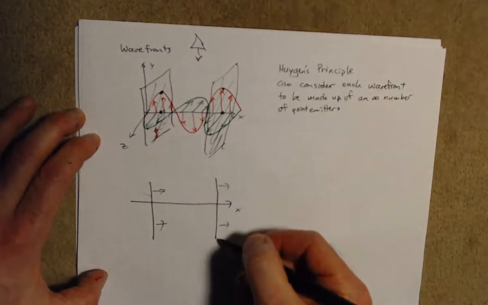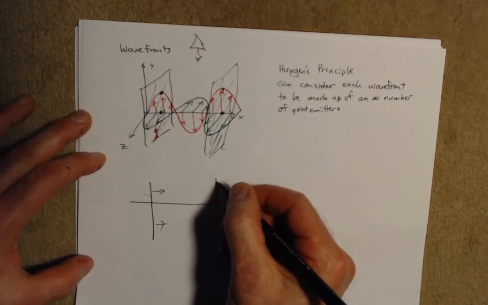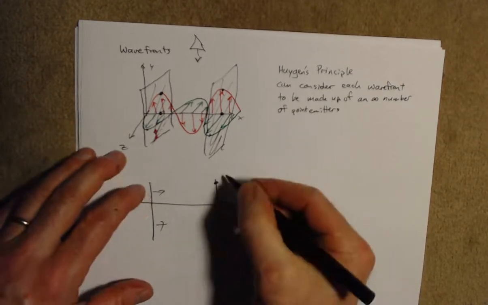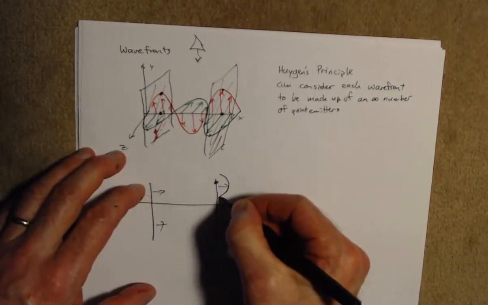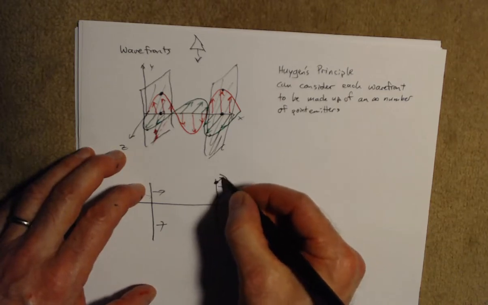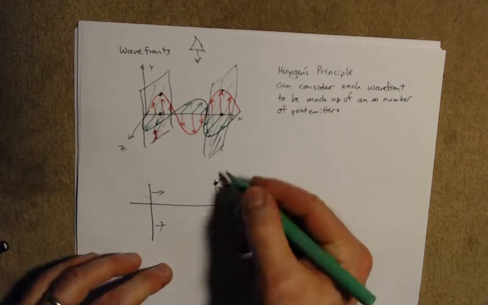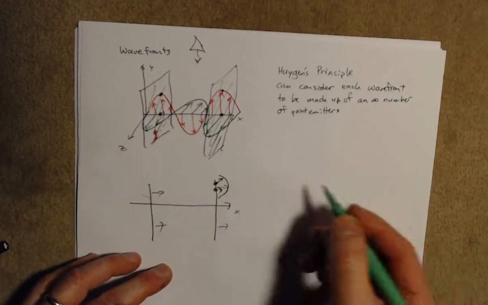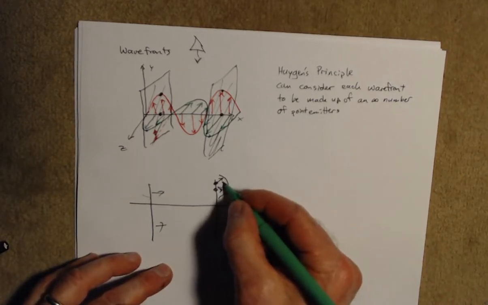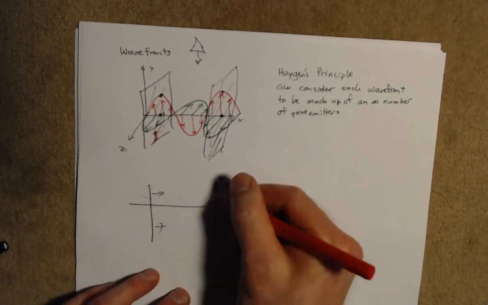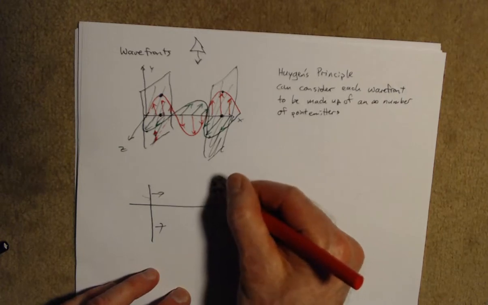So let's say on this wavefront there would be an infinite number of little points, each of which is emitting light in like a sphere coming out of it. So this one is emitting light that comes out in a sphere, and then just for graphical clarity I'm going to use green for this one. It's emitting a sphere that's centered on that green point, and here's a red one that's emitting a sphere that's centered on that.